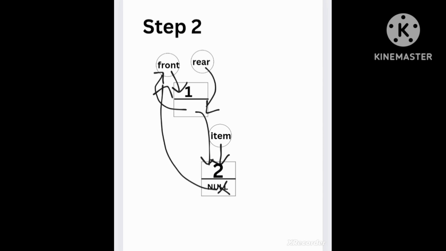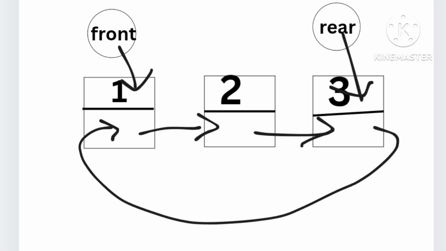So in this way all the nodes are inserted until our queue is full or some terminating condition is satisfied. So our circular queue will look like this. So we will link the node at the rear end to the front to maintain circular queue.